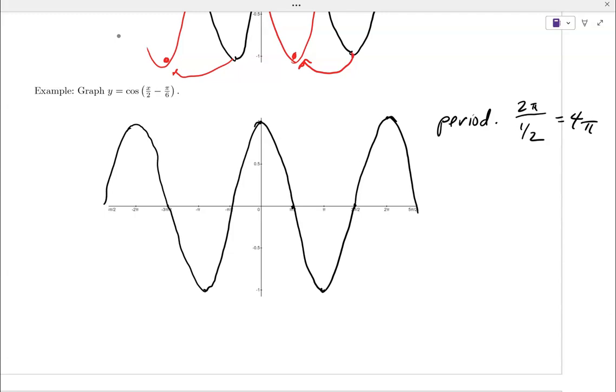One period before went from 0 to 2 pi. So instead of this being 2 pi, this should now be 4 pi. Halfway in between is 2 pi. This will be pi. This will be 3 pi. And we'll have the same thing on the other side, just negative.